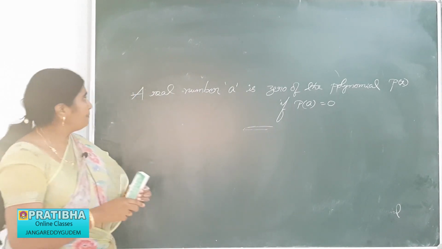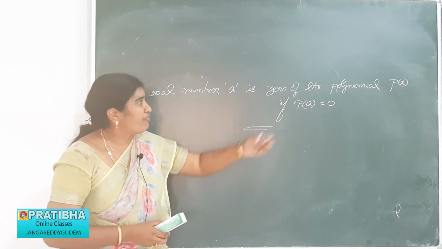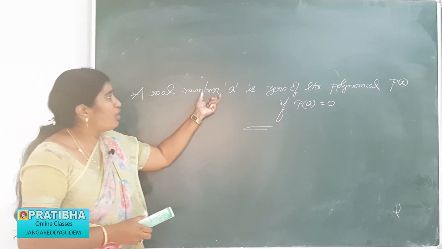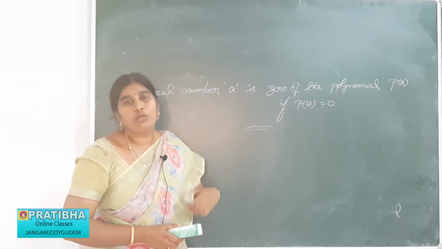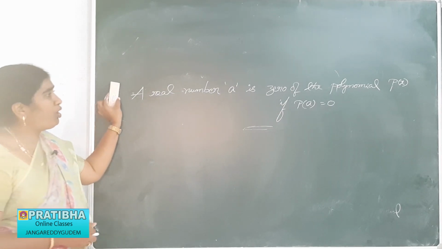Important statement: a real number a is a zero of the polynomial p of x if p of a equal to 0. a is called a zero of the polynomial or root of the polynomial.